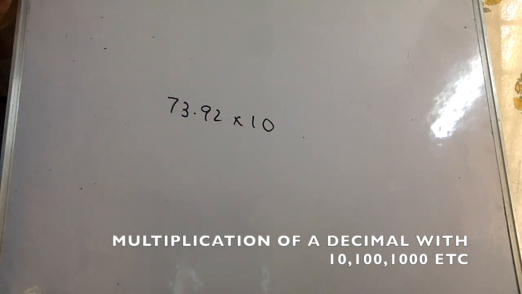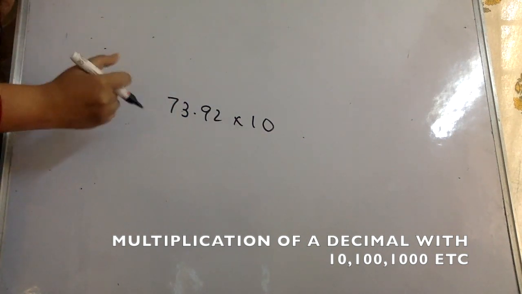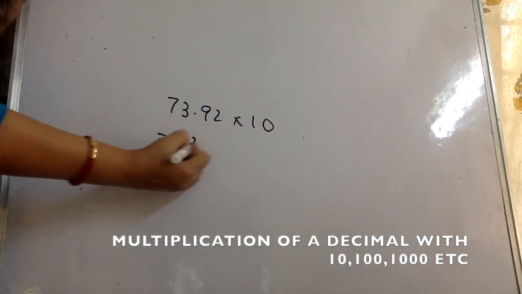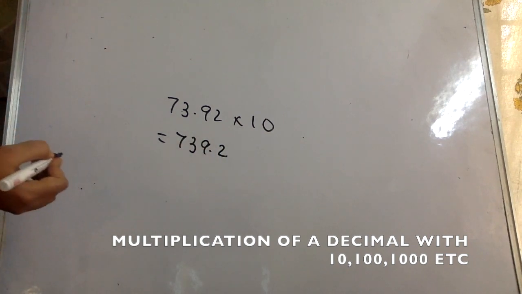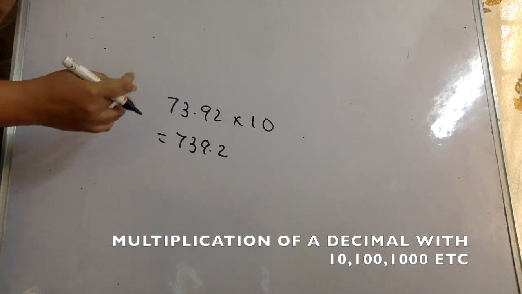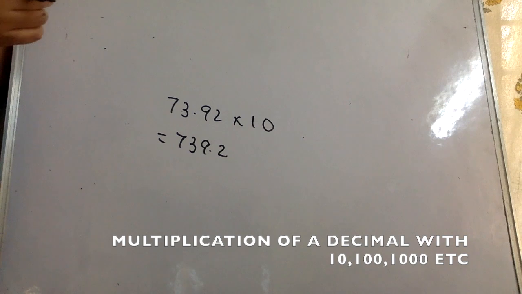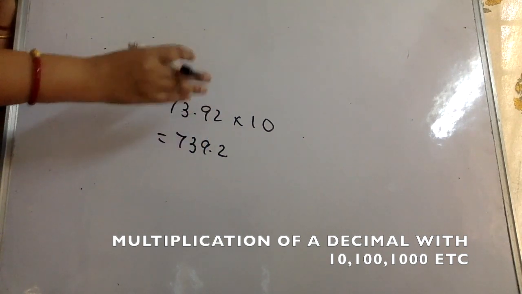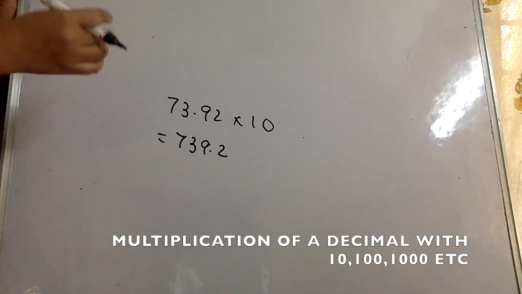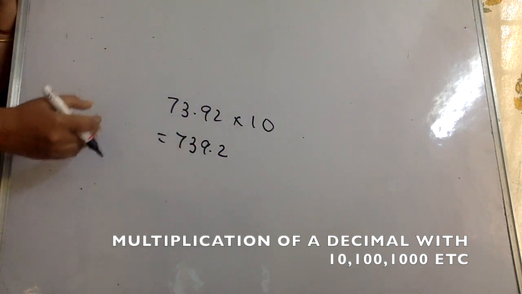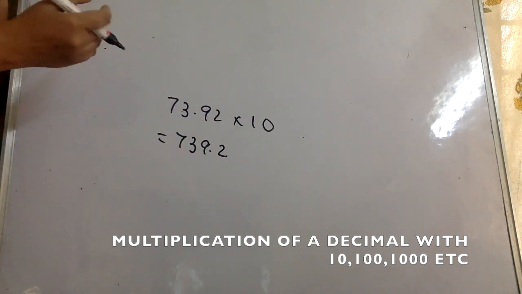In multiplication of decimals, the point shifts to the right. It is as simple as this. Sum done. In my video about division of decimals, I told you that when you divide a number by 10, 100 or 1000, we see as many zeros as there are, and that many places the point shifts to the left. In multiplication, it is to the right.